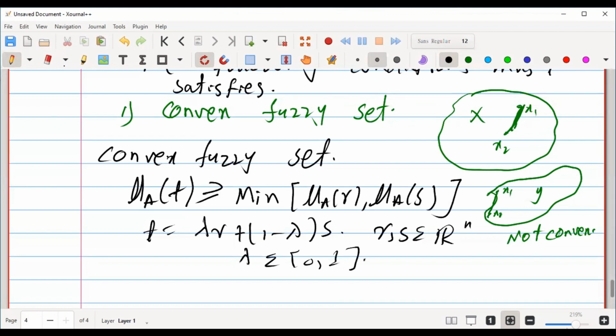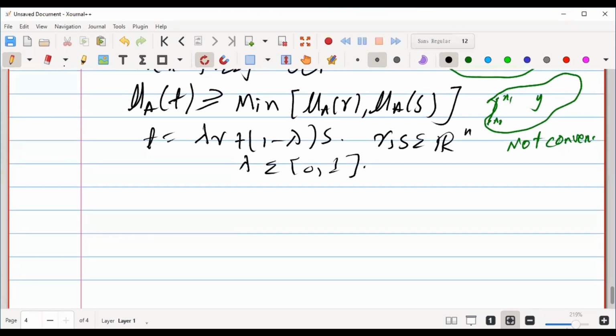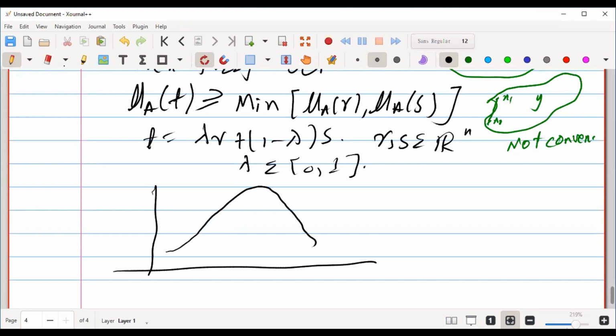How do we show this graphically? Any set is convex like this: I have a graph, and I take some points.